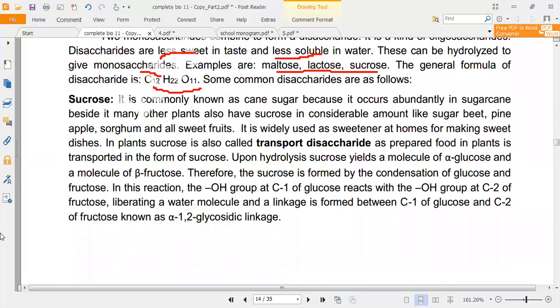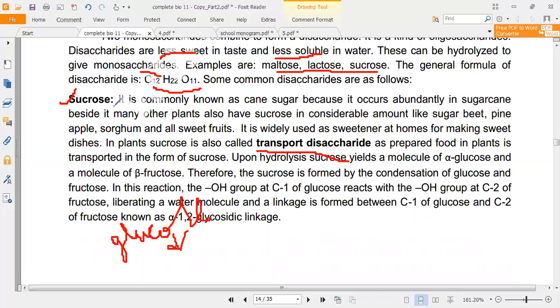The very common example is sucrose because it is mostly present in plants, and it is called the transport disaccharide. In plants, photosynthesis forms glucose, and by condensation it forms sucrose.